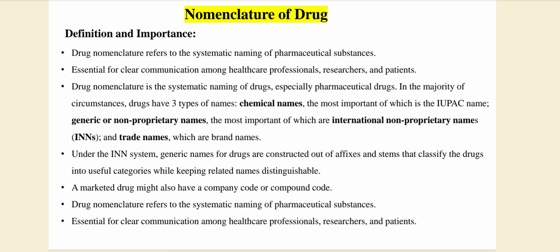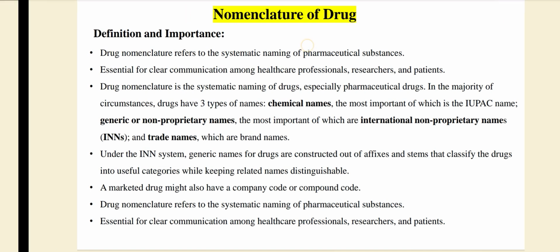The marketed drugs might also have a company code or compound code. Drug nomenclature refers to the systematic naming of pharmaceutical substances, essential for clear communication among healthcare professionals, researchers, and patients.